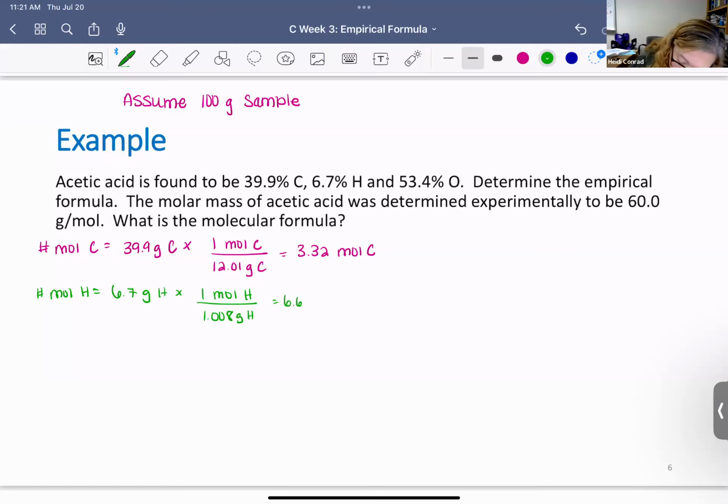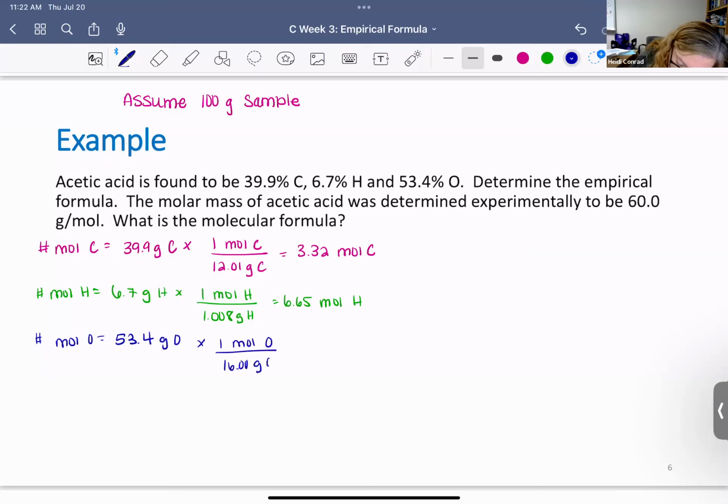This will be 6.65 moles of hydrogen. And number of moles of oxygen: 53.4 grams of oxygen, 1 mole of oxygen to 16 grams of oxygen.